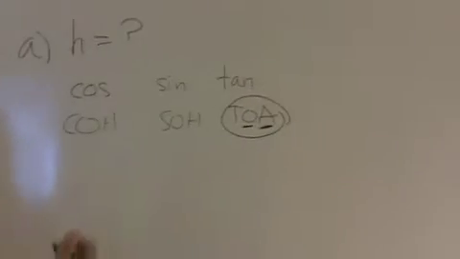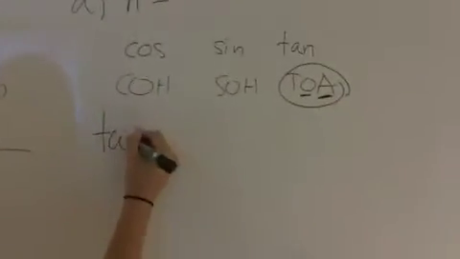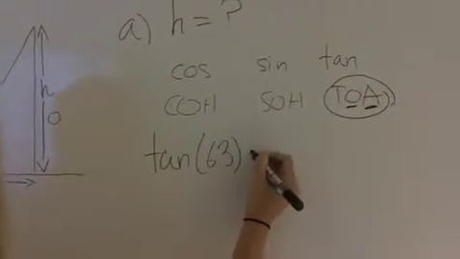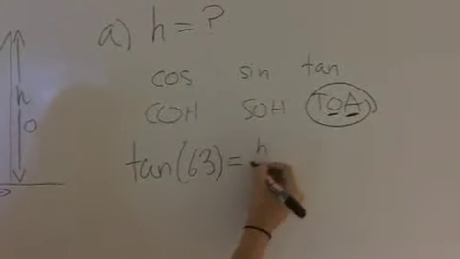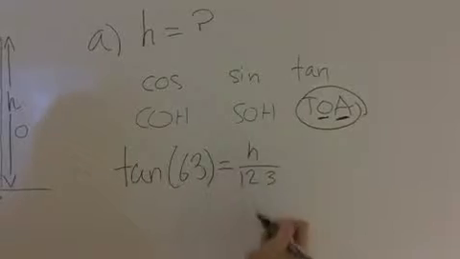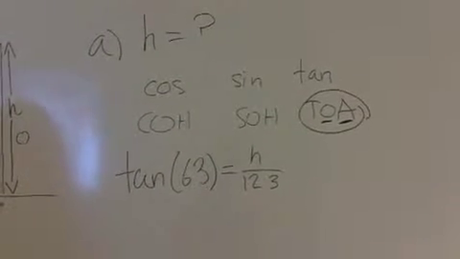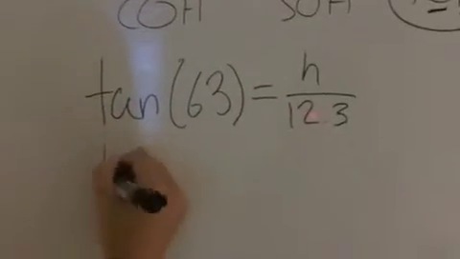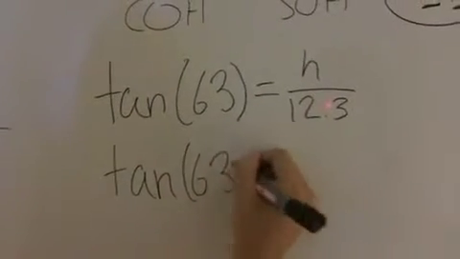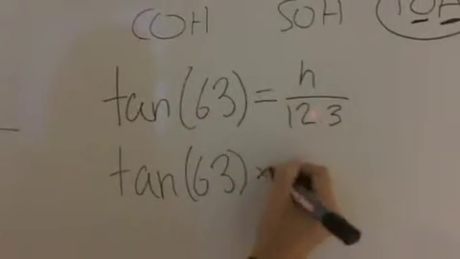So first, write the tangent of 63, the angle, equals h over 12.3, because it's opposite over adjacent. Next, you're going to get rid of the 12.3 so that h is alone.